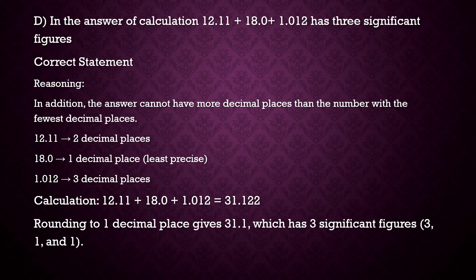Calculation: 12.11 plus 18.0 plus 1.012 is equal to 31.122.